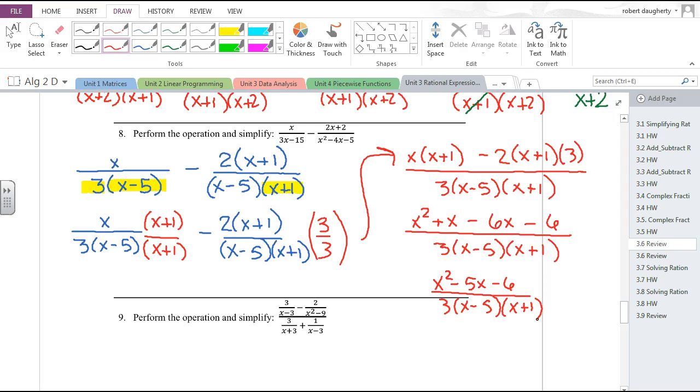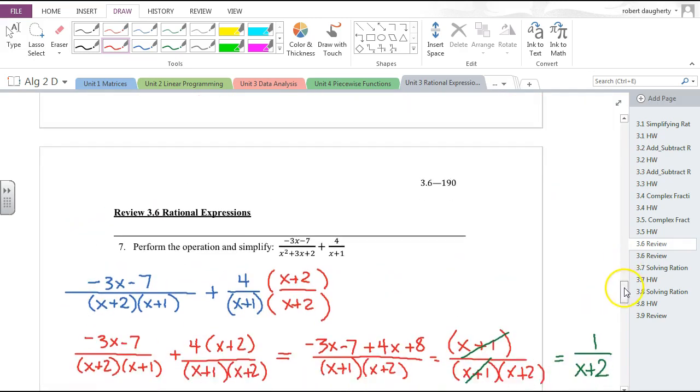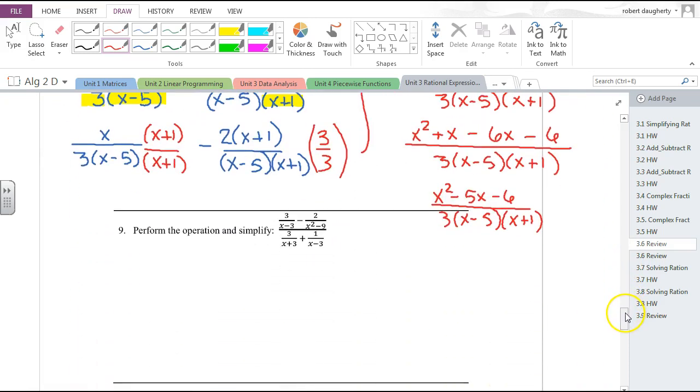Can I factor x squared minus 5x minus 6? Are there numbers that multiply to negative 6 and add to negative 5? Those numbers would be negative 6 and positive 1. So this becomes (x minus 6)(x plus 1) over 3(x minus 5)(x plus 1).